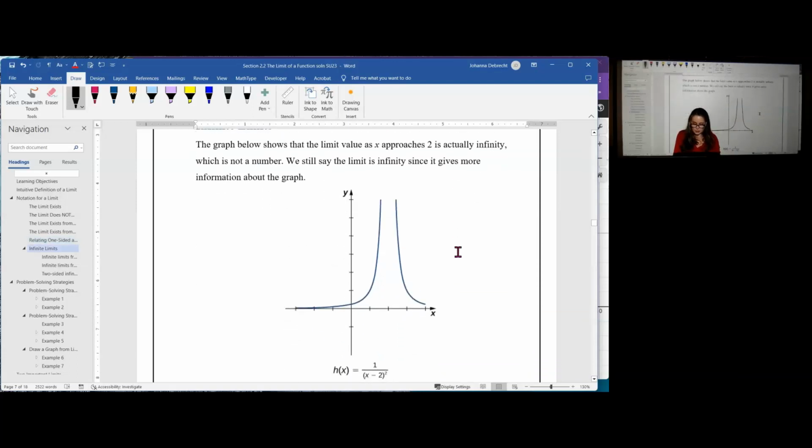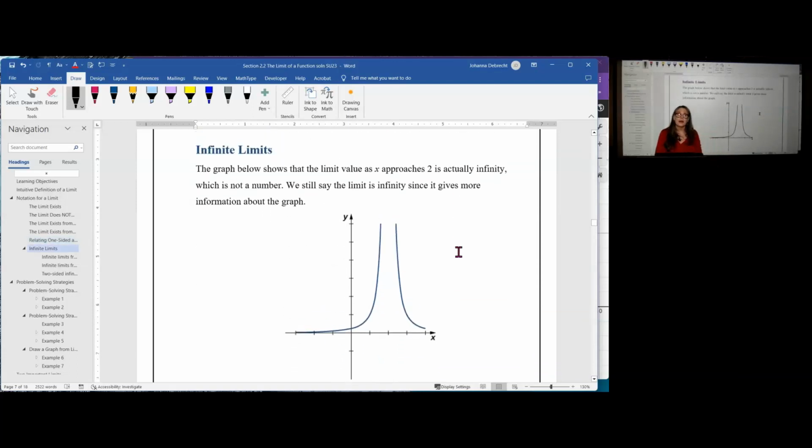Now we want to talk a little bit more about what we mean by an infinite limit. An infinite limit is like our third example, where the y values are increasing without bounds. It generally means we have a vertical asymptote in the graph. Or if it happens at the end of a graph, it's called end behavior.